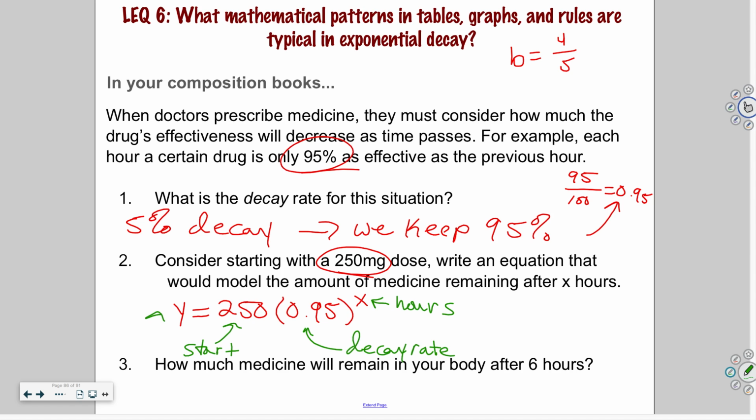Y in this situation represents, what does Y represent?